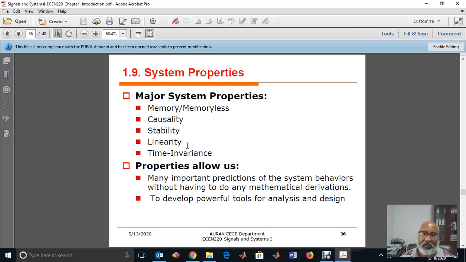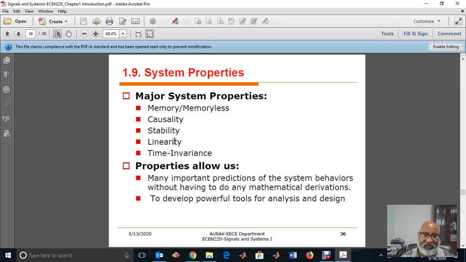Stability property. The stability property is important because it tells us whether the system is stable or not. For example, in control theory, if you are controlling the speed of a vehicle or the speed of an aircraft and the control system is not stable, then you will have, for example, a very high speed which can make the aircraft crash, or you cannot control the speed of the aircraft, or of your vehicle.